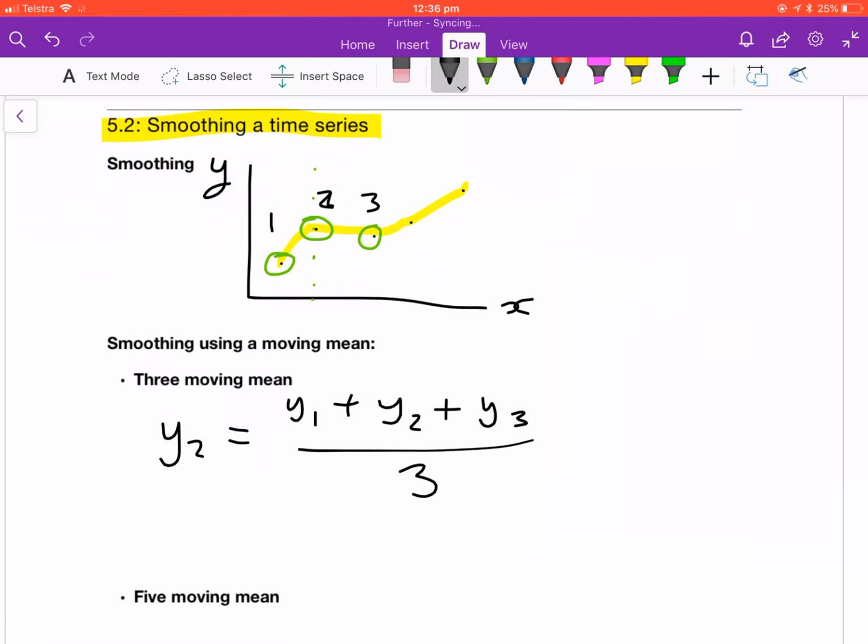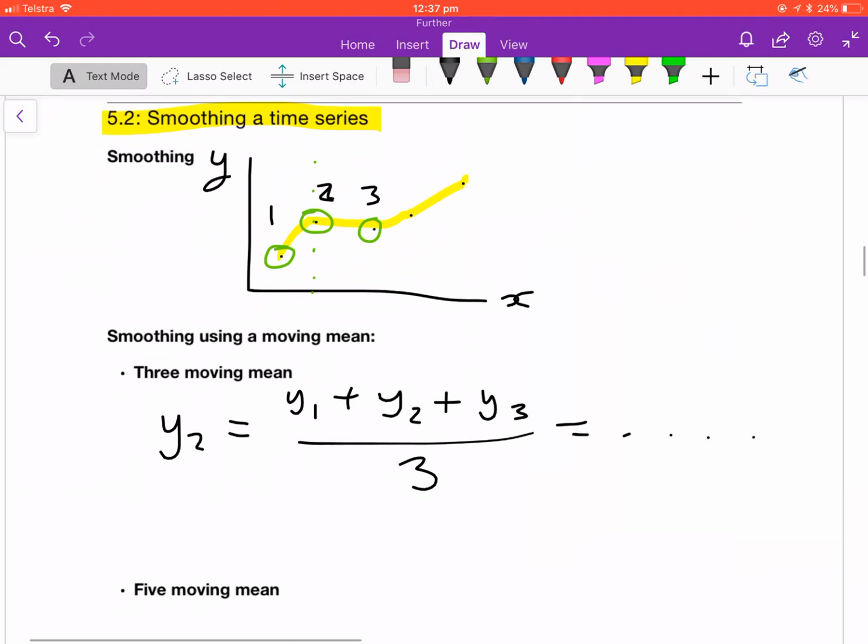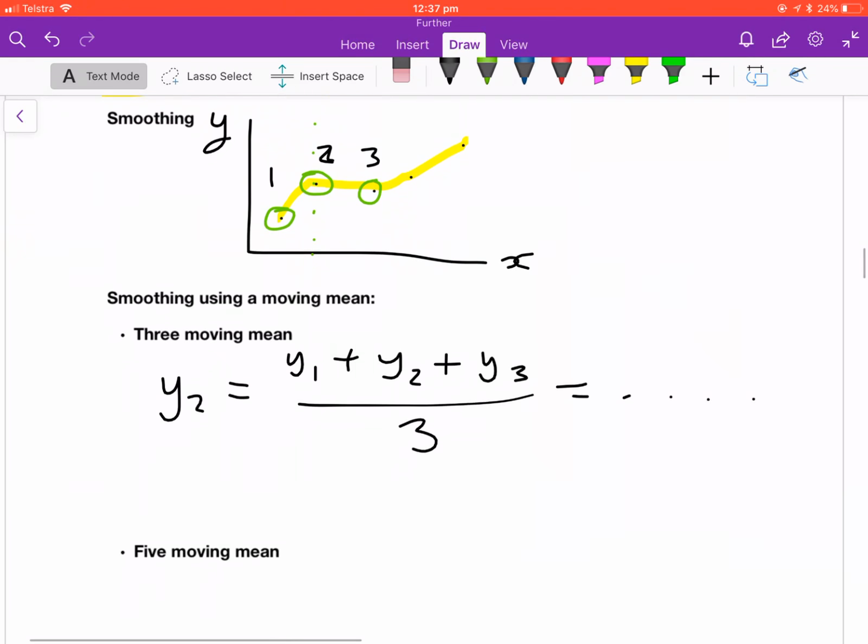That gives you the value for your smoothed point, and you can plot that point back on your time series plot. Then you do that for every subsequent point until you get to the second last one. That's the last point you can smooth using a 3 moving mean, and the last point you can't do because there's not one point either side of it, so they just get left out.